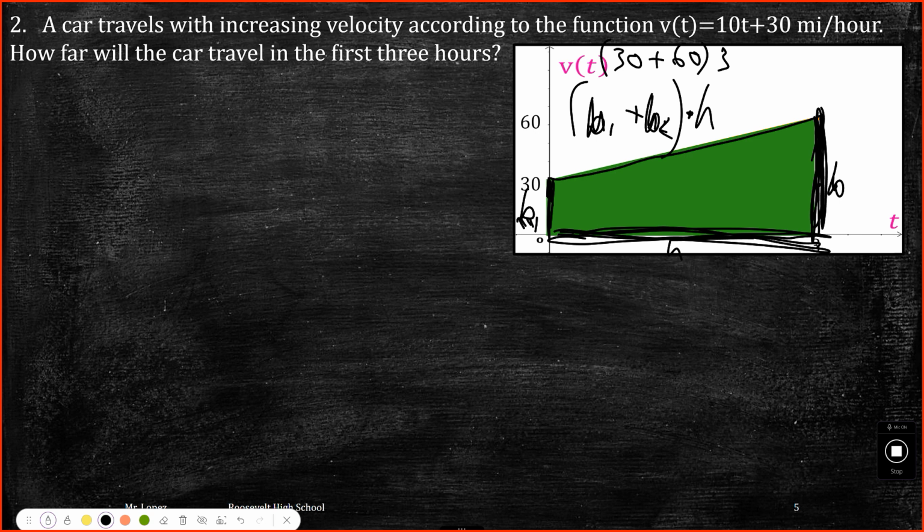Then we got it wrong then. Or yeah, it has to be 30 plus 60. Oh, and then divided by 2. What's 30 plus 60? 90 times 3 is what? It's 90 times 3, 270 divided by 2.